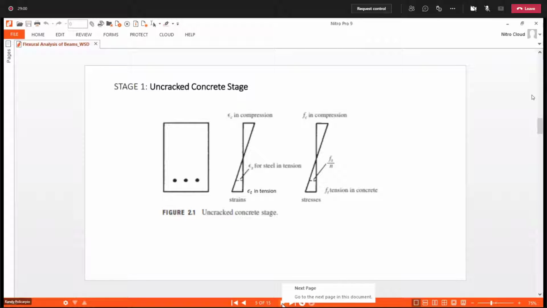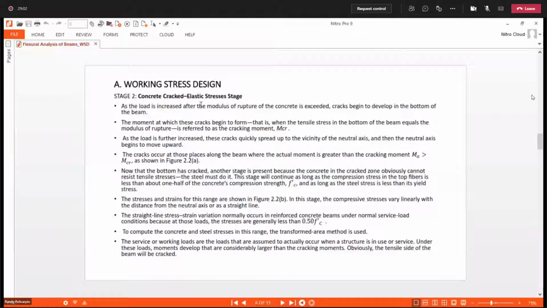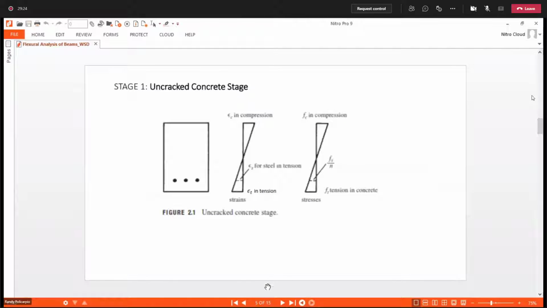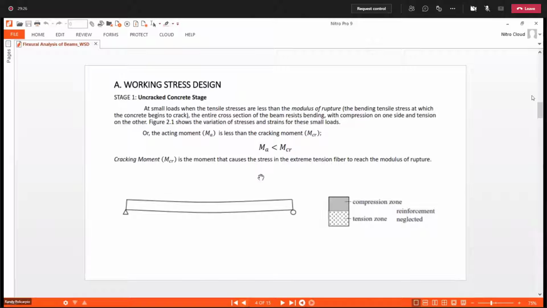Okay, for stage 2, the concrete cracked elastic stresses stage, as the load is increased after the modulus of rupture of the concrete is exceeded. By the way, we make use of the modulus of rupture in identifying if our beam is uncracked, as I have mentioned, when the tensile stress in the concrete is less than the modulus of rupture.